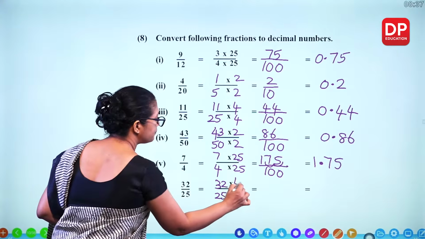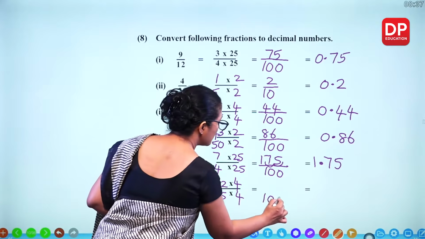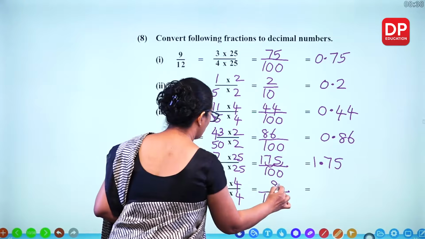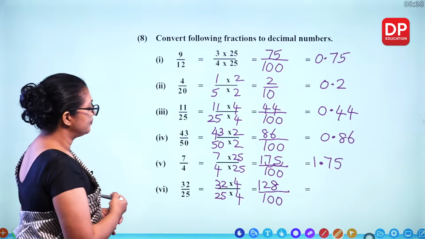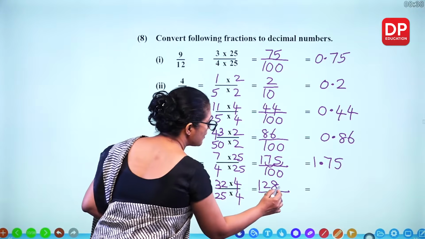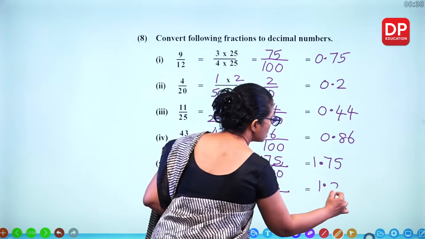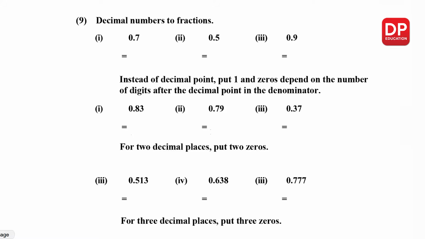Multiply by 4. So 25 times 4, 100. 32 times 4, 128. So divide by 100 means 1, 2. So 1.28.